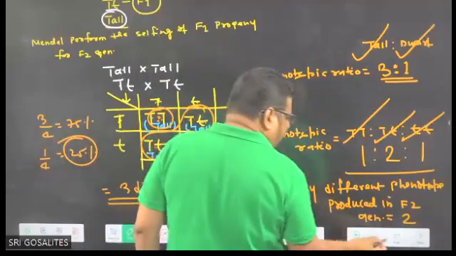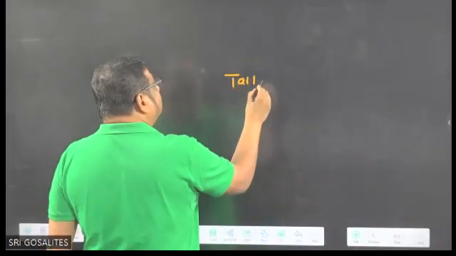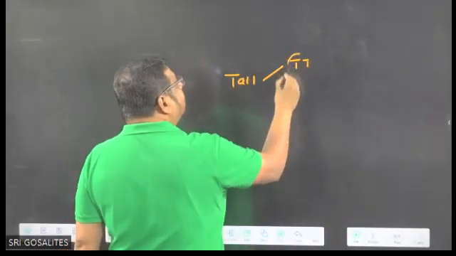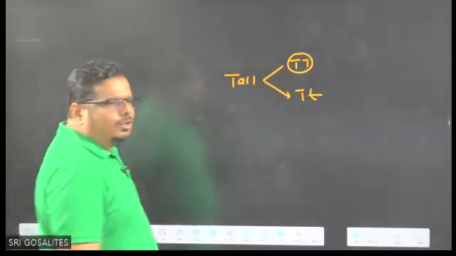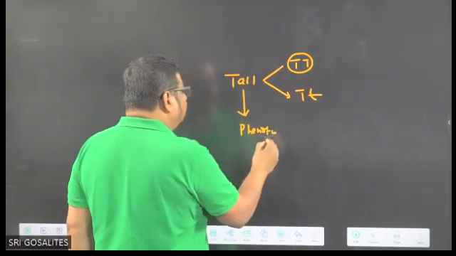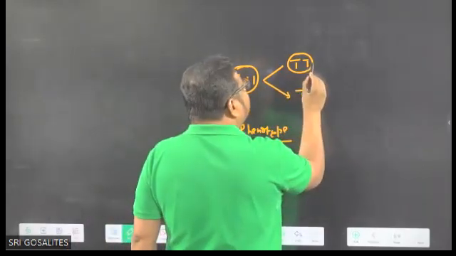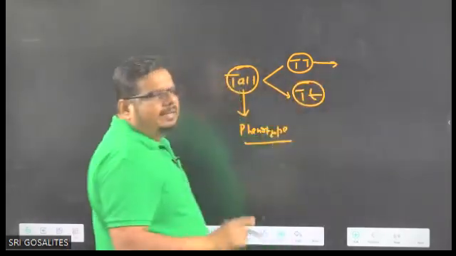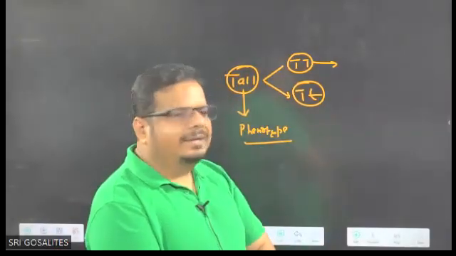Suppose that a plant is tall. The genetic makeup may be capital T capital T, or capital T small t. You got the idea or not? So this tall is called the phenotype, the physical appearance, which is visible to the eye, and this is the genetic makeup. We cannot determine the genotype by simply looking at the plant or organism from outside.